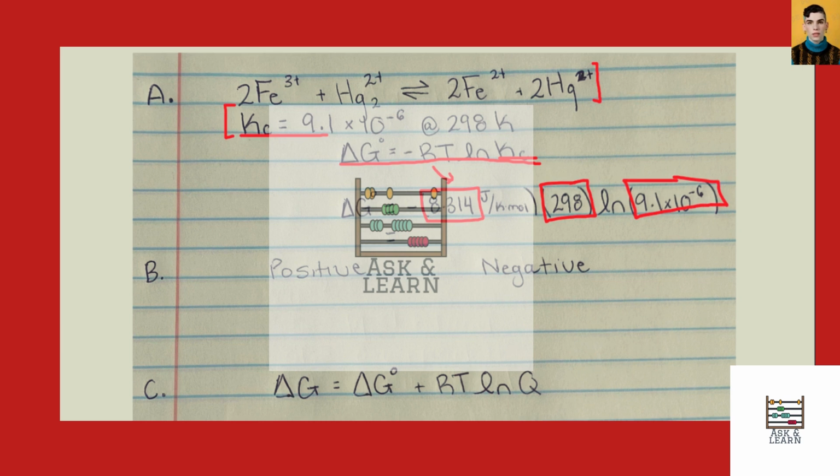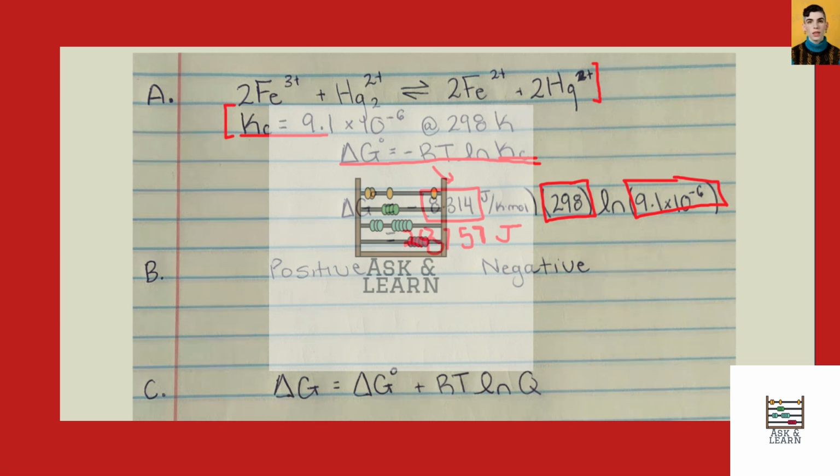If you want to pause the video and do that calculation, the answer to that comes out to be 28757 joules. Sorry, that's a little messy. 7, and this is an 8.